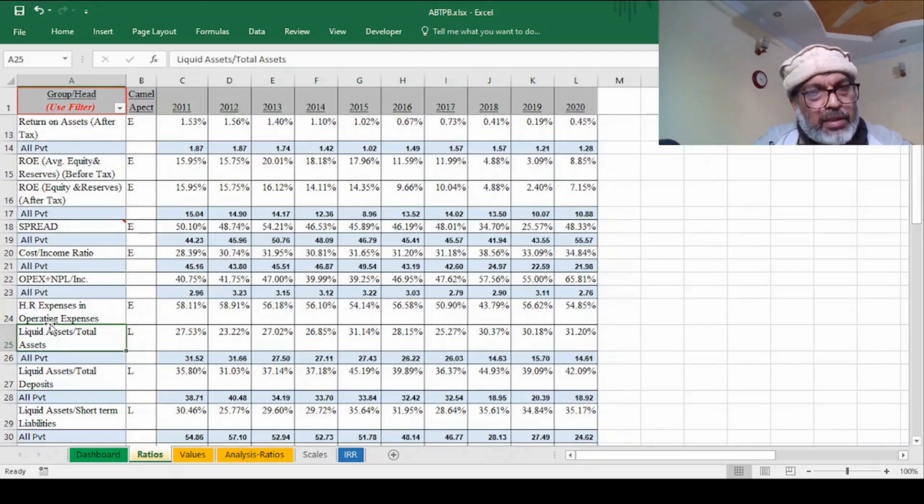Liquid assets are the marketable securities and cash in bank, with cash in bank held by this bank. And total assets are the marketable securities, cash, plus the loans given to the borrowers. And likewise, there are other ratios.